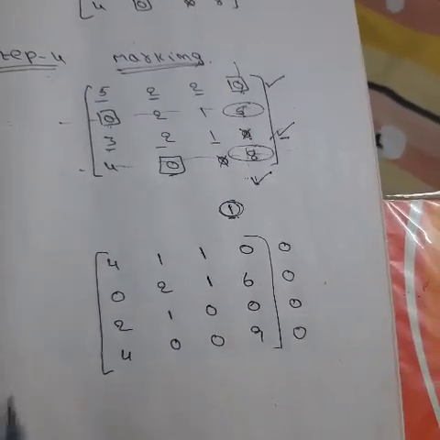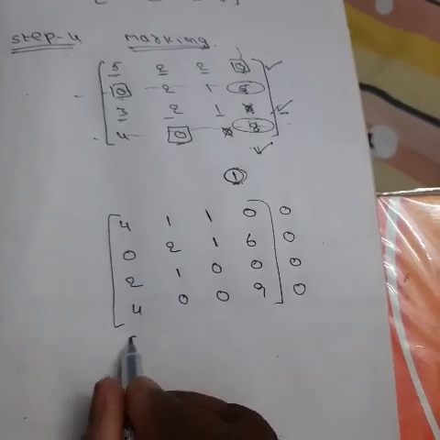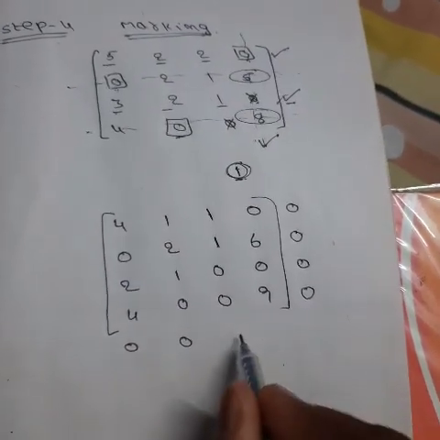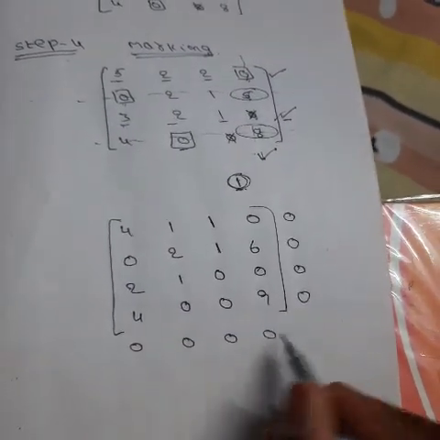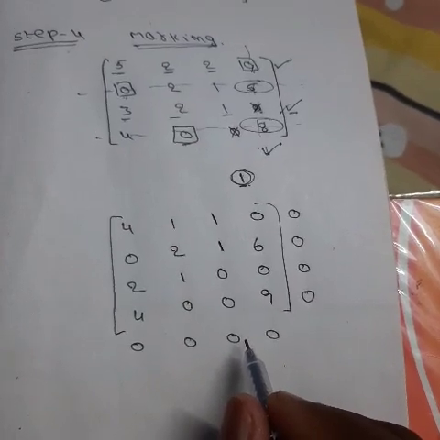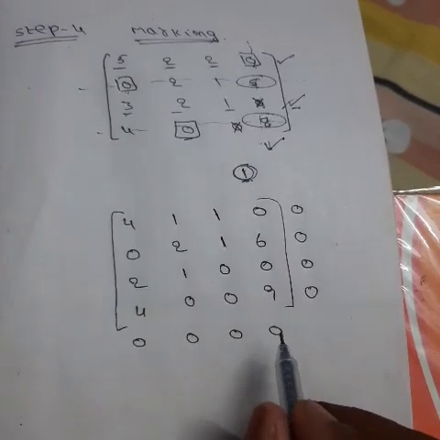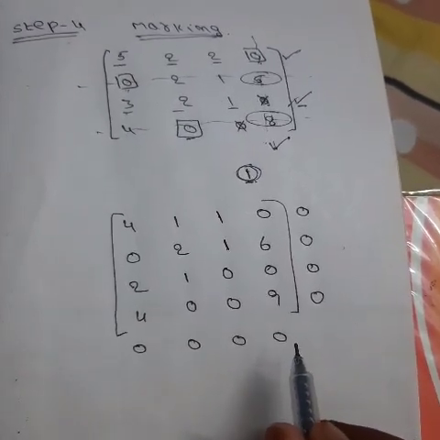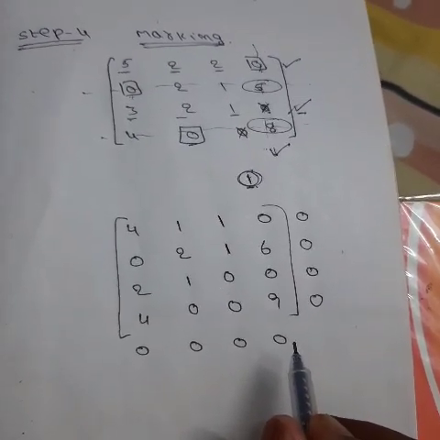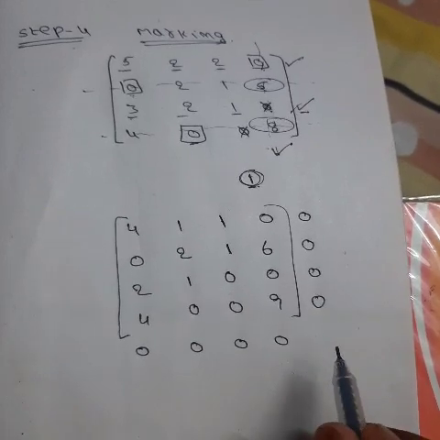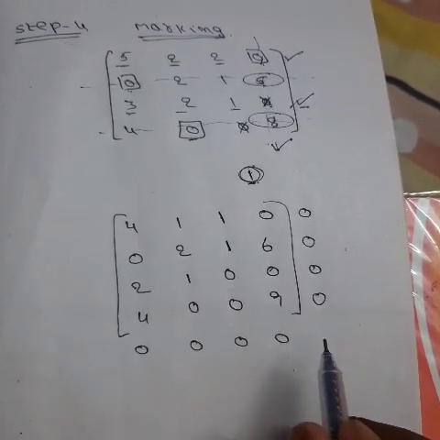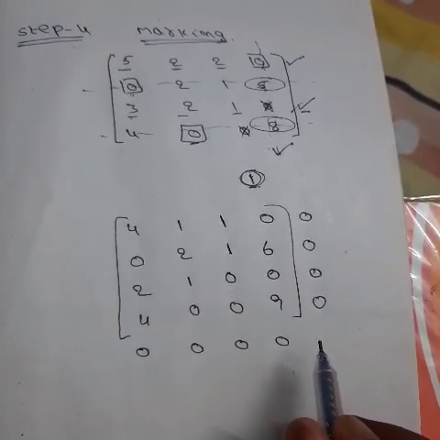Now we will check column minimization. The first column has minimum value 0, the second column has minimum value 0, 0, 0. So there is no need to calculate either row minimization or column minimization. Why? Because each and every row and column possesses a 0, so even though we calculate row minimization and column minimization, the matrix won't be changed.